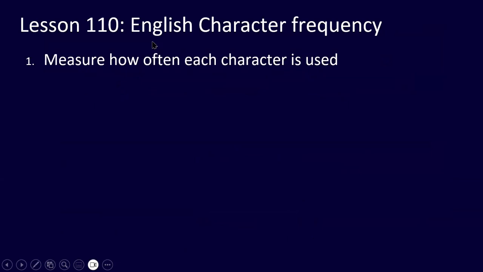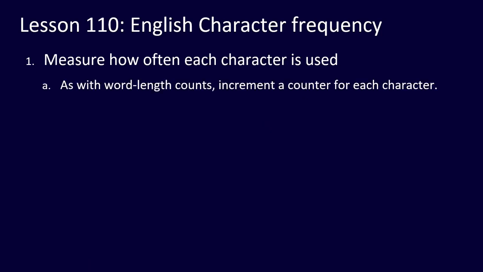This time, lesson 110, English character frequency. Last time we saw the word length frequency, but this time we will see English character frequency. That means we want to measure how often each character is used in words in the dictionary.